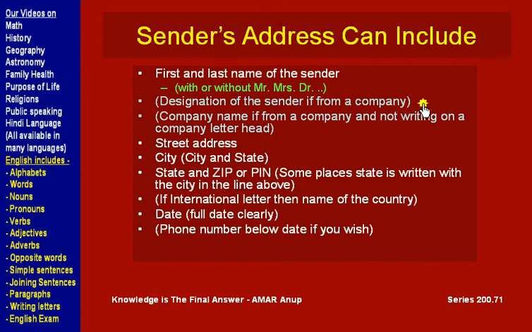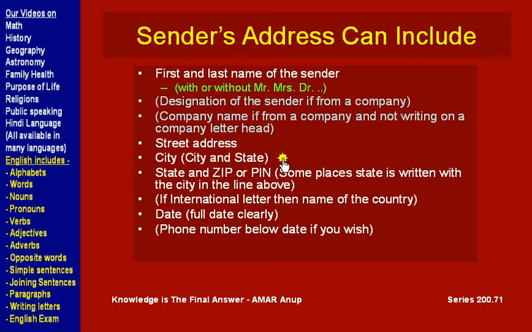You are the president, you are the sales director, you are the vice president for marketing. That will be there. The third line, if you are writing from a company to a company, will be your company's name. Especially if the letter is not written on a letterhead, then you have to include your company's name. And then of course the street address, as we mentioned earlier.